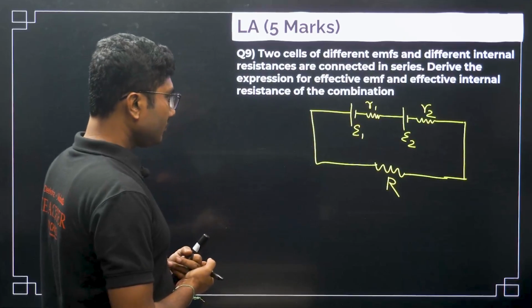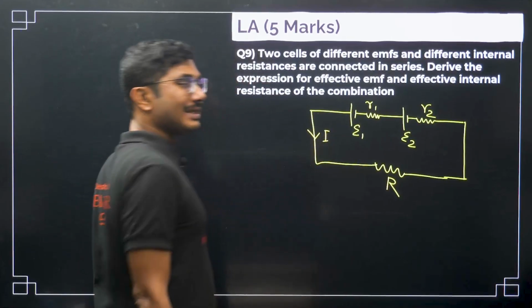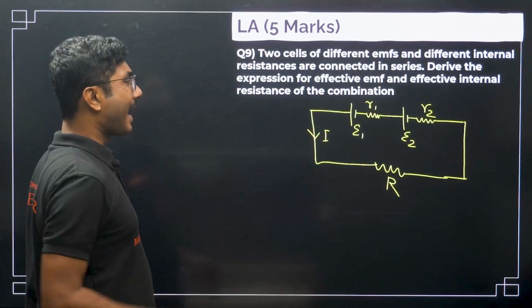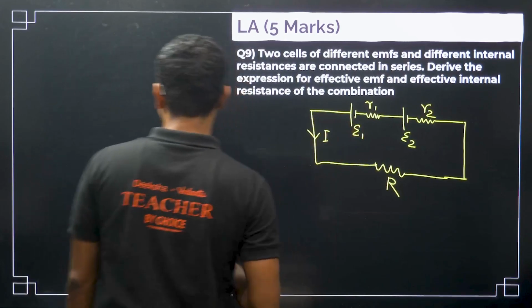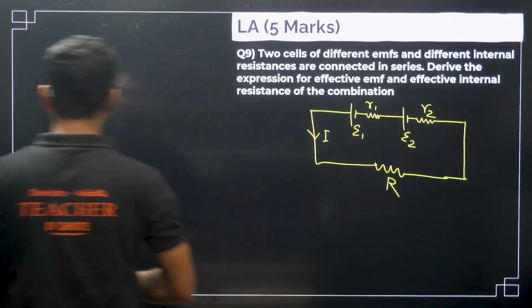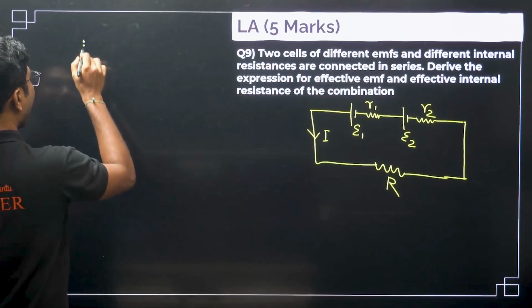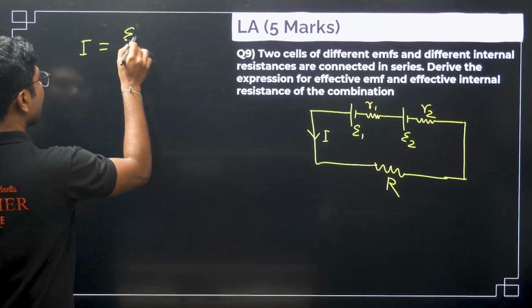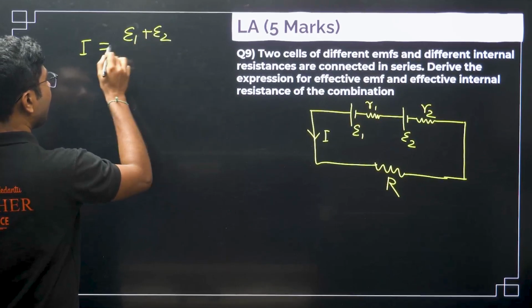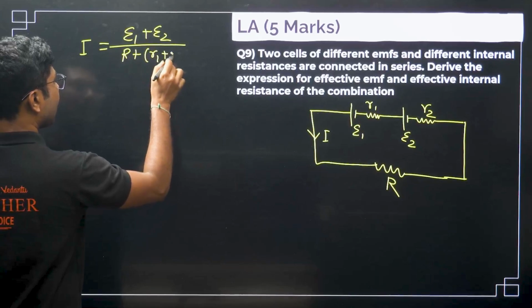Suppose the current in the circuit is I. From Kirchhoff's laws, the EMFs will be added. So from there we can say that current is given by epsilon 1 plus epsilon 2 divided by the total resistance R plus R1 plus R2.